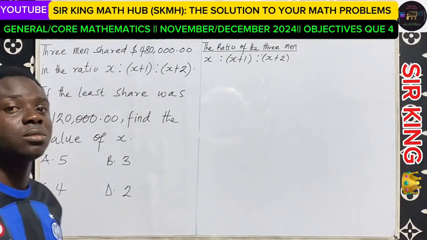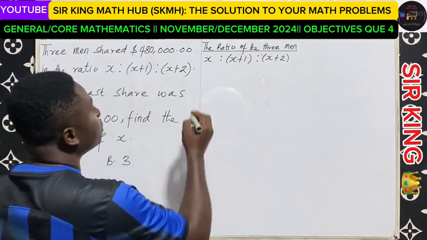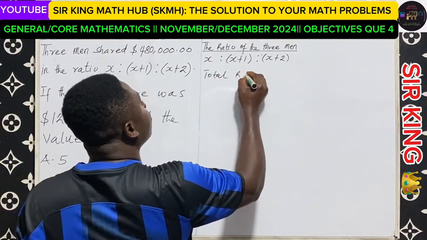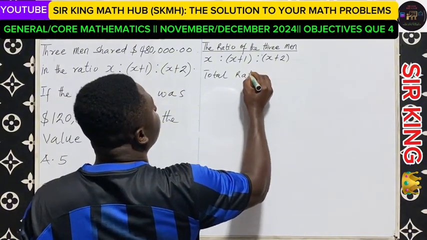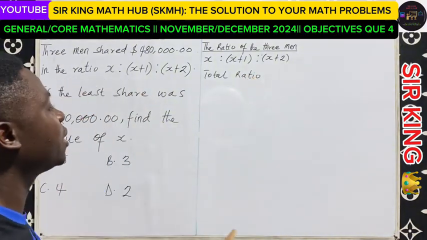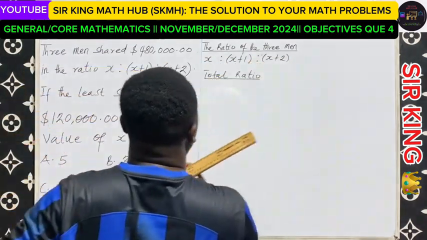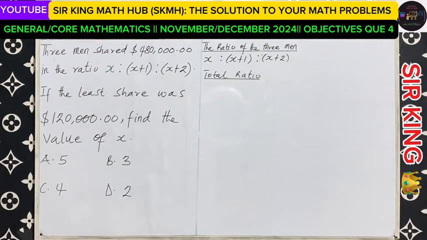Now the next step, let's calculate the total ratio. So how do we calculate the total ratio? The total ratio will be the sum of their individual ratios.